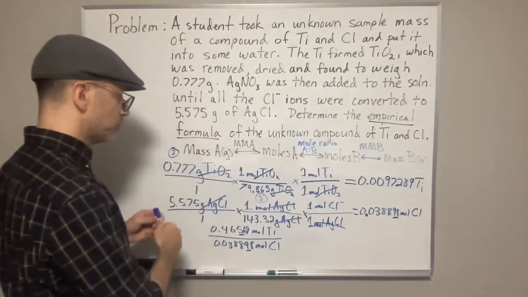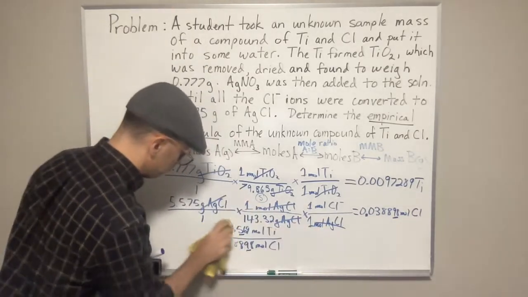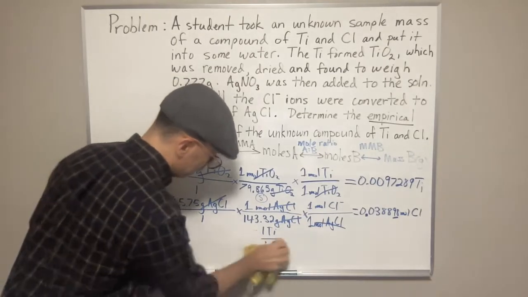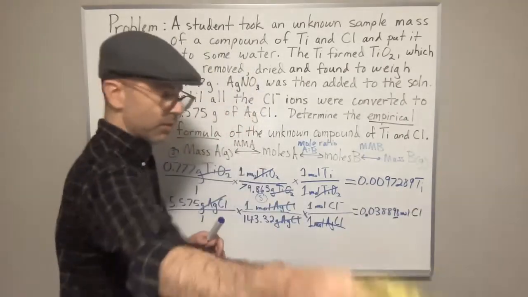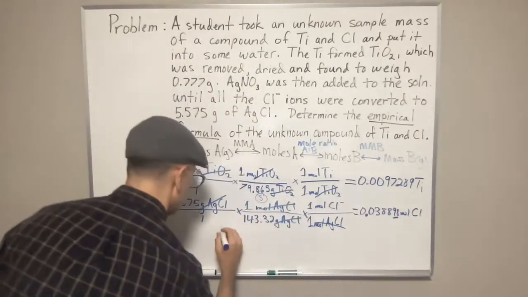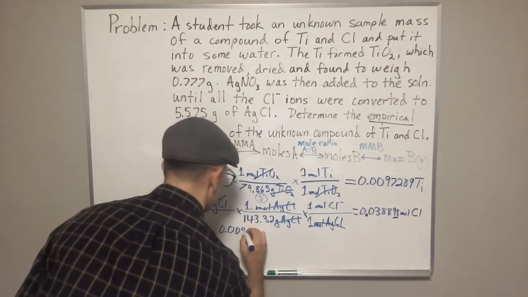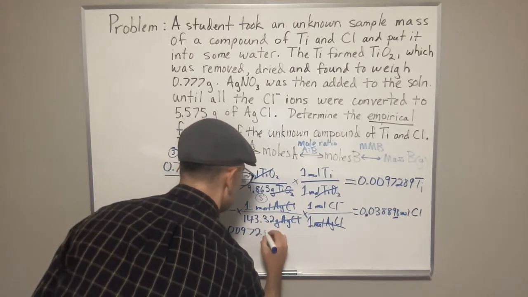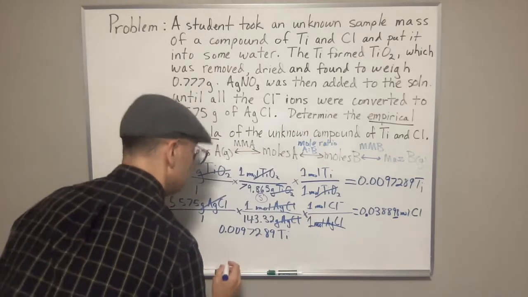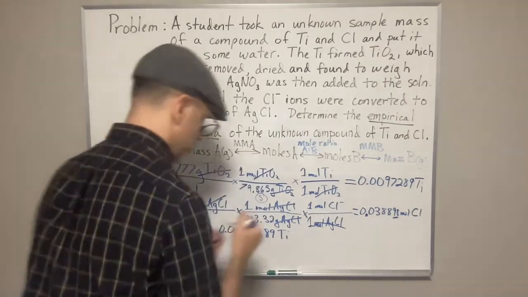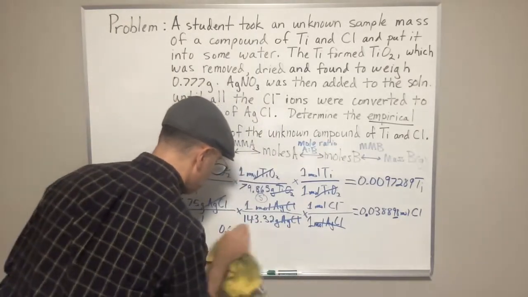Okay, so we're gonna have to change this a little bit. So since this is the smaller number now, we're gonna put that on the bottom. So we have 0.009728 titanium. Oops. We want that on the bottom.